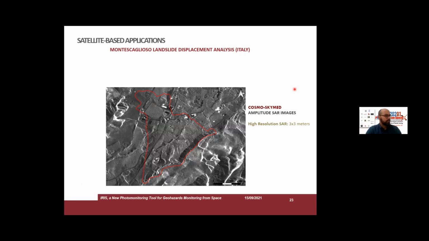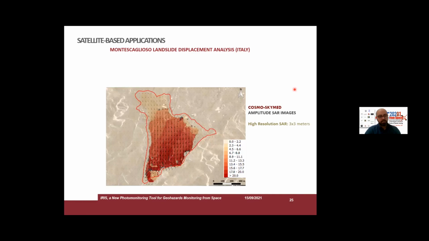This is another important example. We are in southern Italy, the Monte Scaglioso landslide, a very famous landslide. These are SAR images, so our software can process not only optical images, but also SAR images from synthetic aperture radar. This is the master, this is the slave. You can see some displacement, and this is the result with the displacement vector.